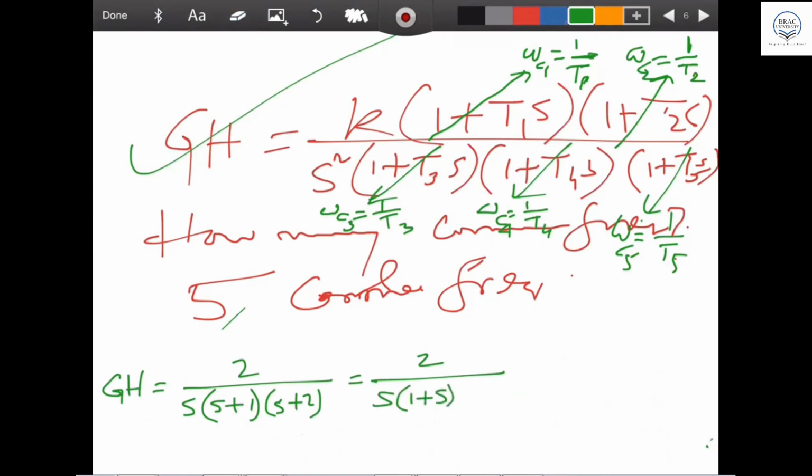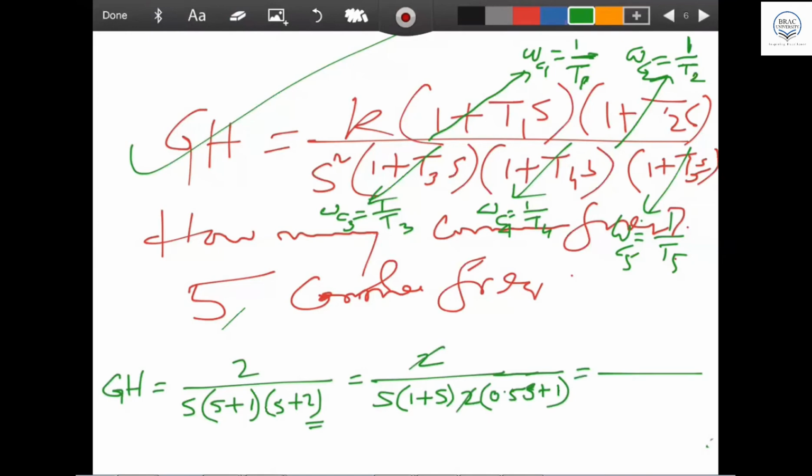Why are you confused? Okay, now listen. Now this 2 you take out. Then what will this be? This will be 0.5S plus 1. Can I write it? Yes, sir. That is what I did actually. And then these 2 can be cancelled. And then what is the remaining thing?